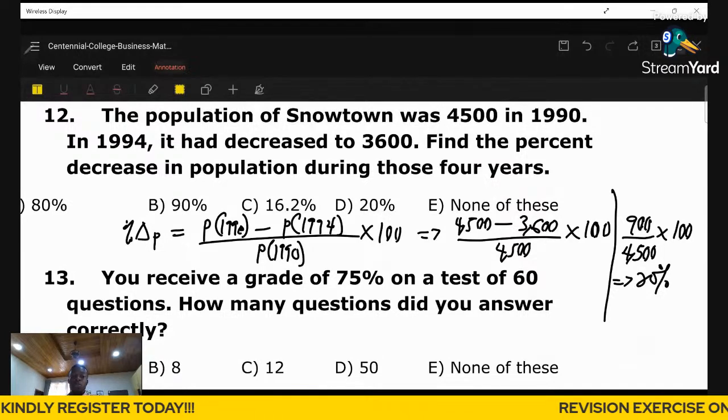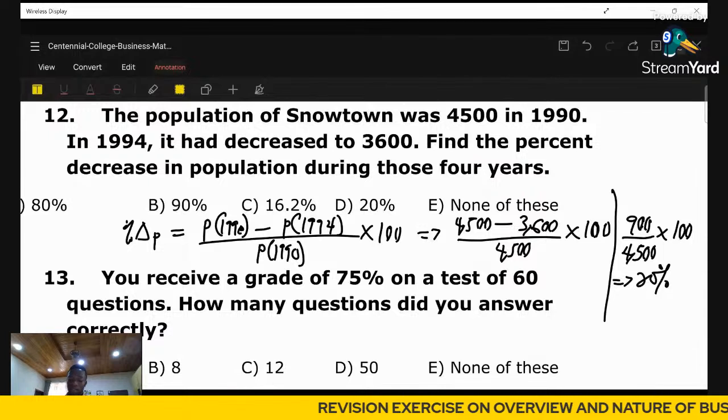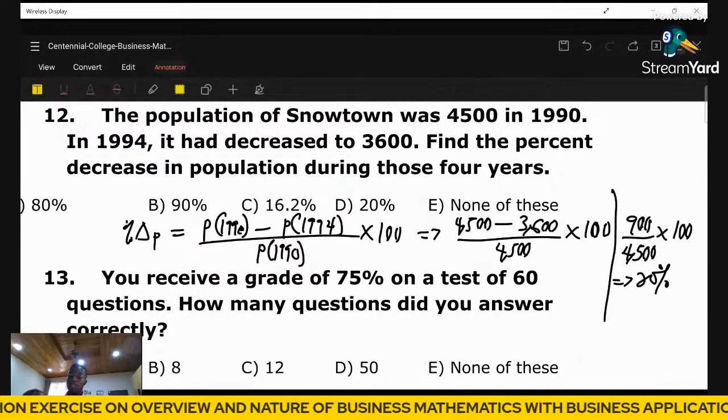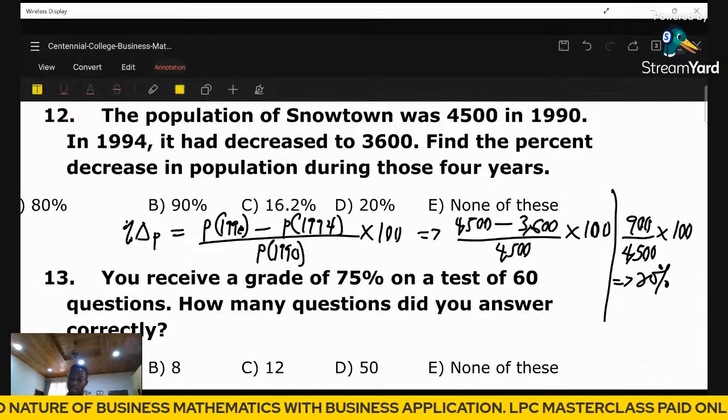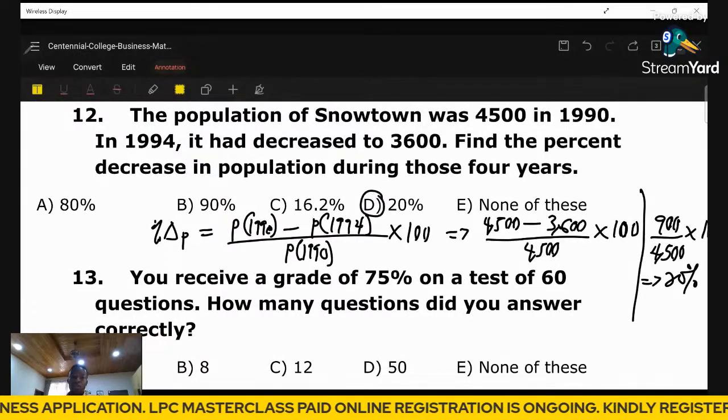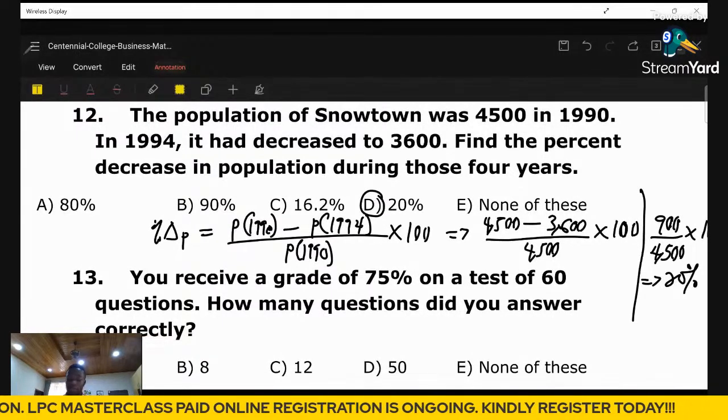You can also confirm to see that it is correct. So from 1990 to 1994, the population decreased by 20% within those 4 years. So that's going to be option D. Let's take note of that.